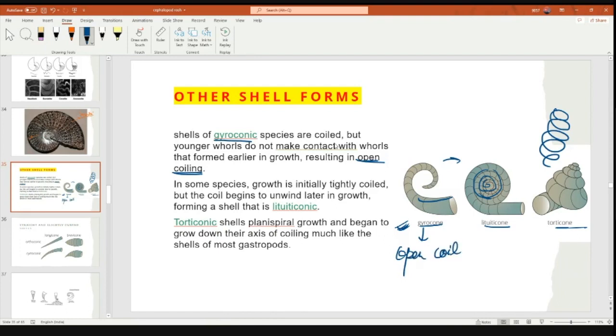Coiling is here, you can see these are coiled, but they are open coiling. They are not very dense. This is not very dense, it is open coiling. So these are the gyrocone, open coiling.